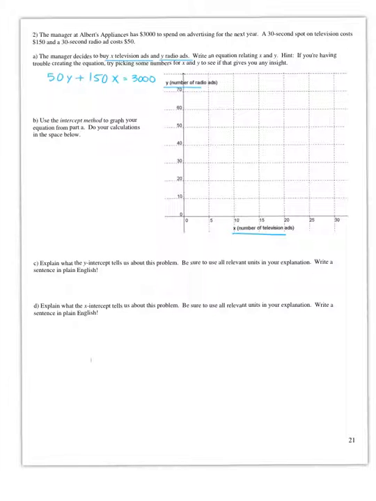Now, we can use our intercept method to graph our equation from part A. Again, we'll make a little table with our variables and let each of them equal 0. First, we'll let x equal 0 and find y. Solving for y, divide both sides by 50, and we'll get y is equal to 60.